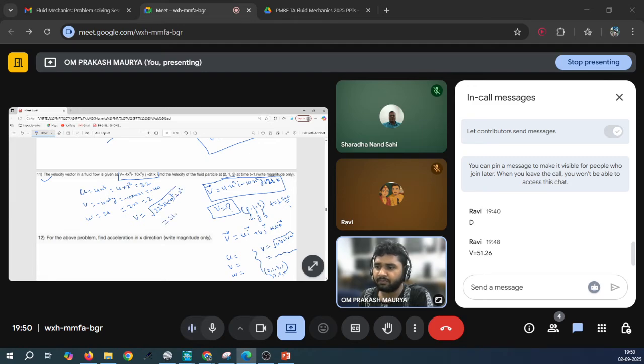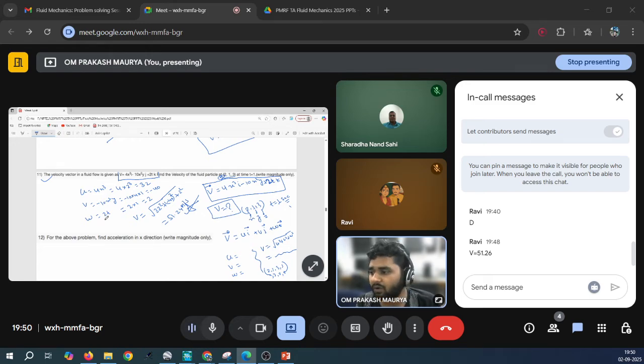Finally you will get 51.24. This will be in meter per second. Here time is not given, so the magnitude is what is asked. If the distance is in meters and time in seconds, you can write meter per second.